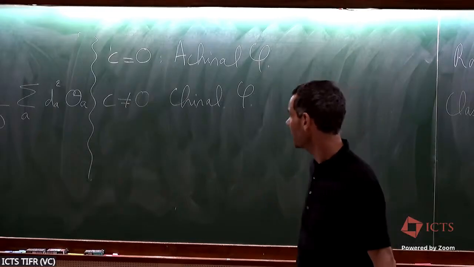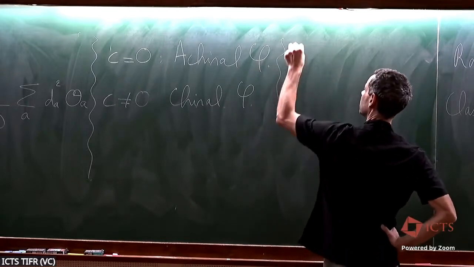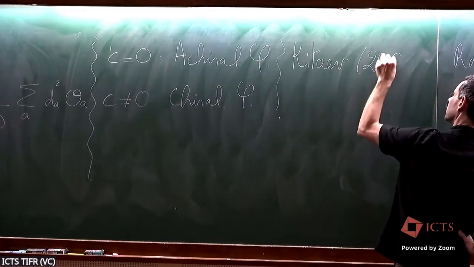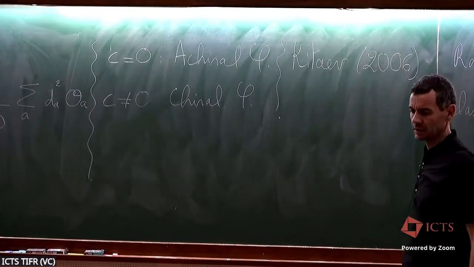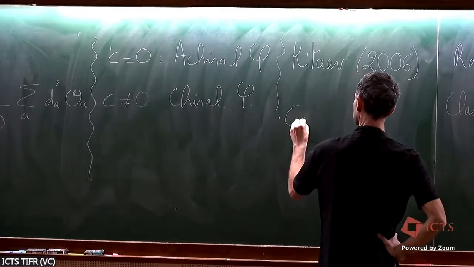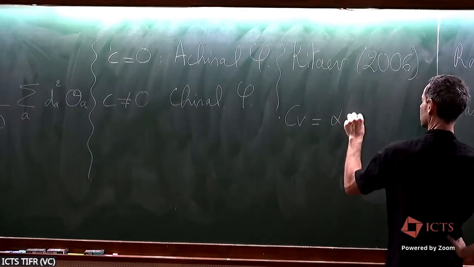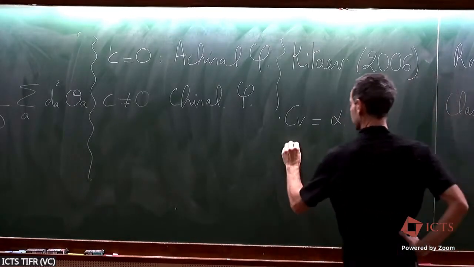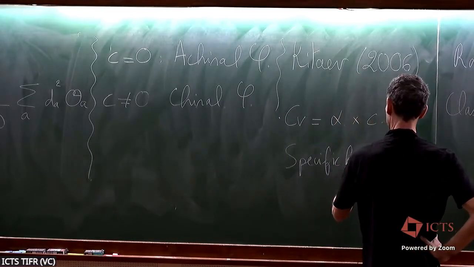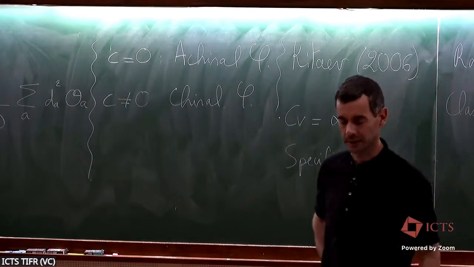If you want to know exactly where it comes from, have a look at the Kitaev paper from 2006. It will give you exactly the dictionary, but basically, if you compute the specific heat, it's directly proportional to the central charge up to some factor. Yes, so there is thermal current on the boundaries.